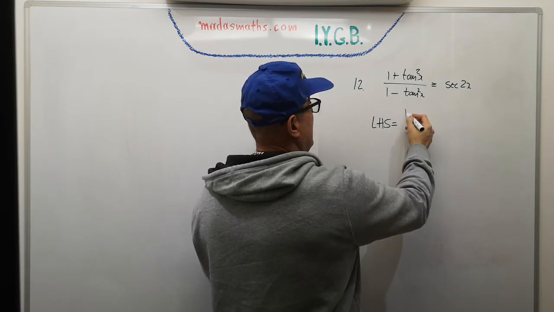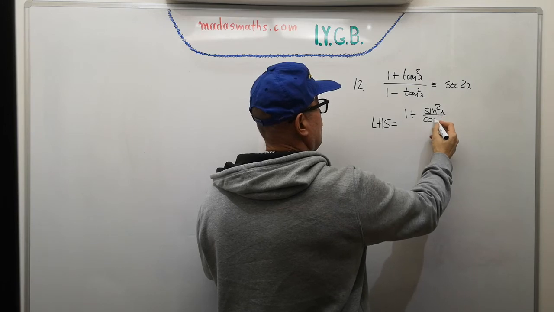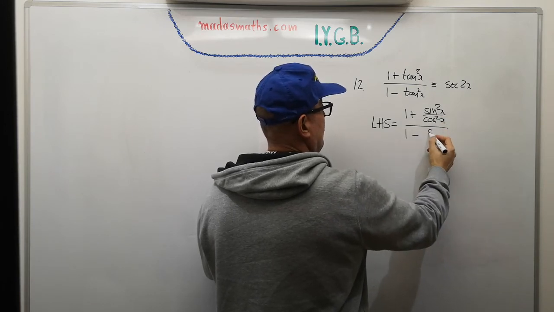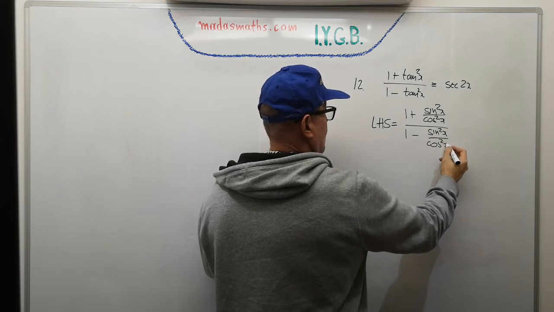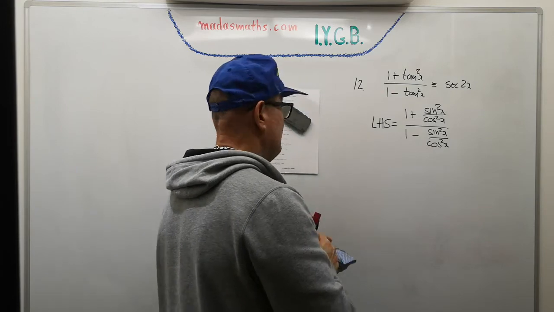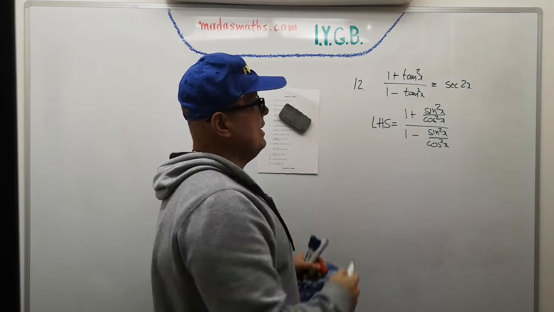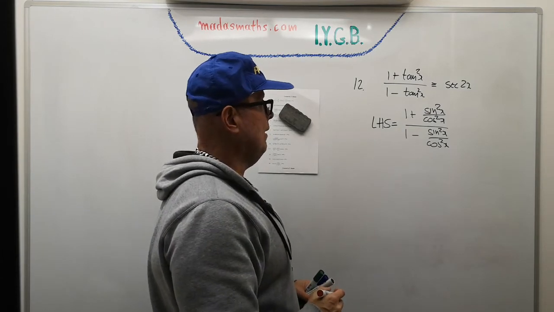Okay, (1 plus sine squared of x over cos squared of x) over (1 minus sine squared of x over cos squared of x). We've seen expressions like this a few times tonight, and we shouldn't be getting scared of things like that. They simplify very nicely, very quickly.